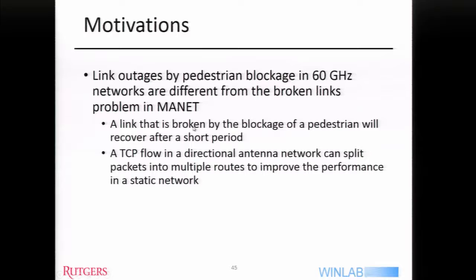As I mentioned before, a link broken by a pedestrian blockage may be recovered after a short period. And TCP flow over multi-route can improve the performance in a static network. We want to ask, how about a dynamic network?